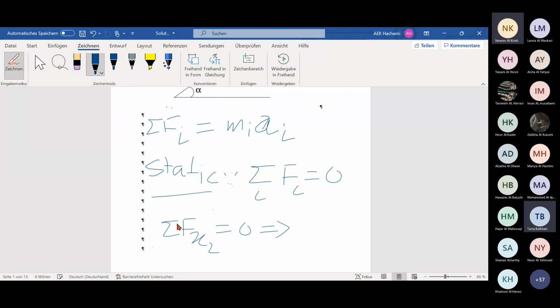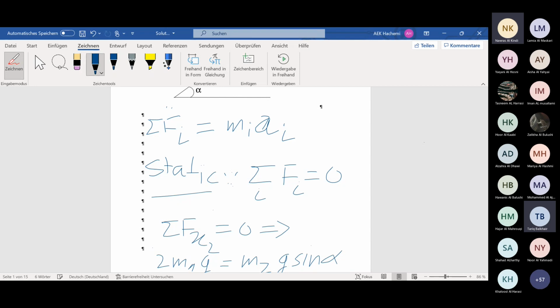Then we have the sum of forces in x2, which means we can get that here, in this case, we have 2 m1 g, which is equal to m2 g sine alpha.